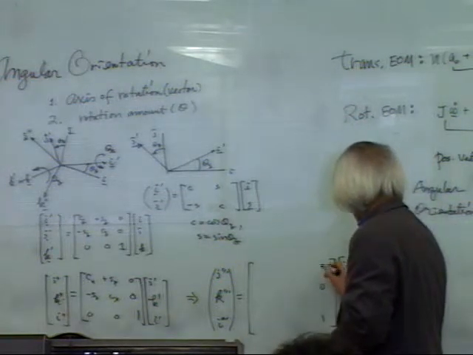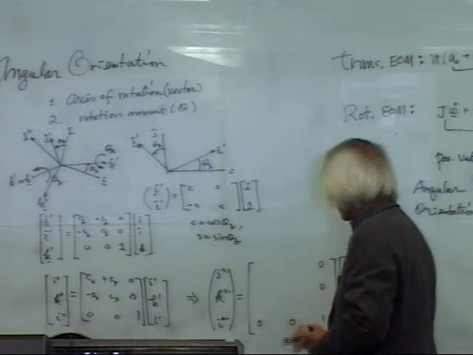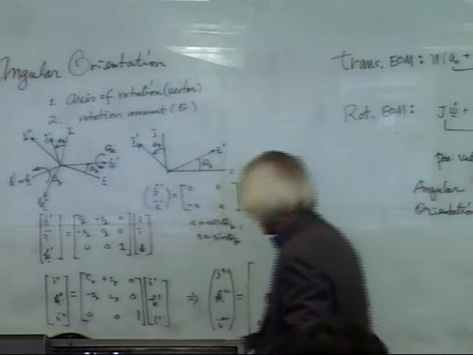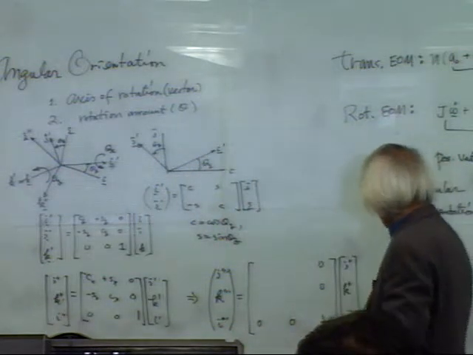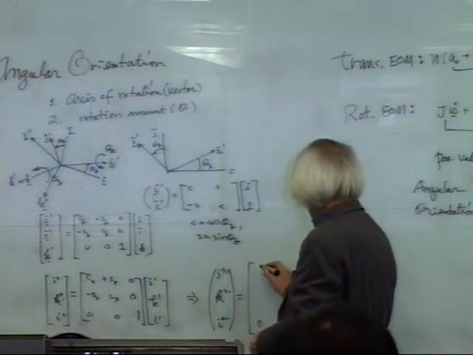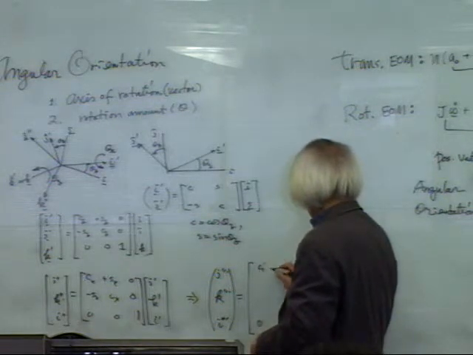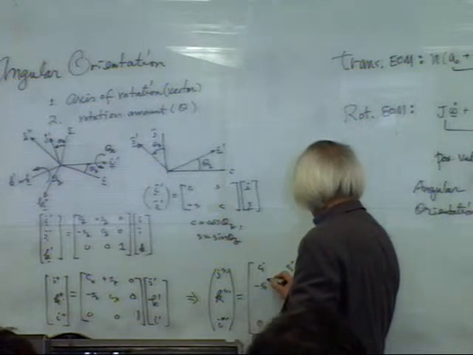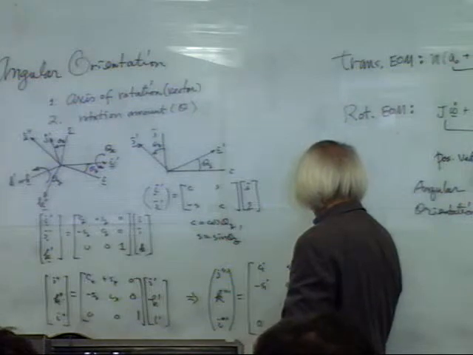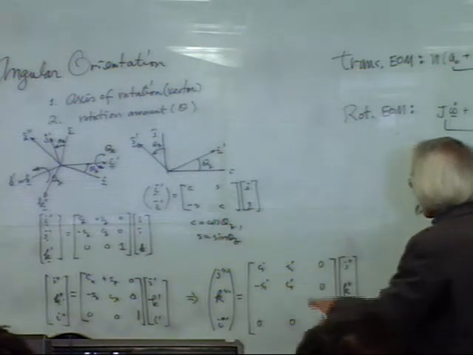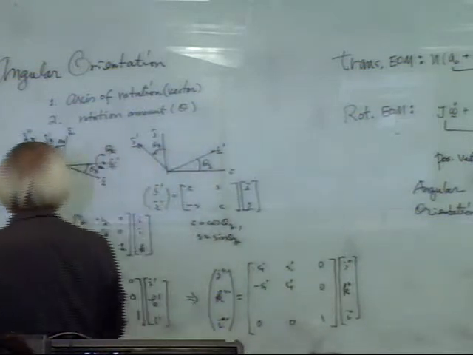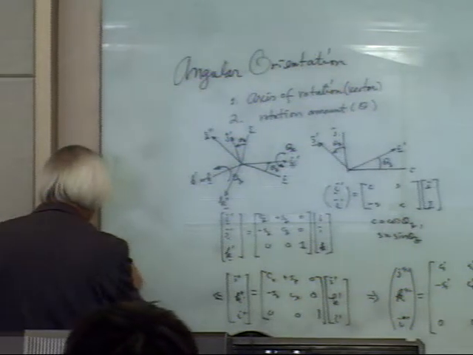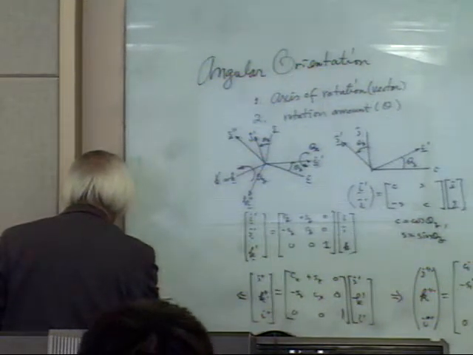That's 1. Okay? And since K, yeah, that's true. And then I have C1 prime, S1 prime, minus S1 prime and C1 prime. So this one, I can rewrite this one, I double prime, J double prime, K double prime.